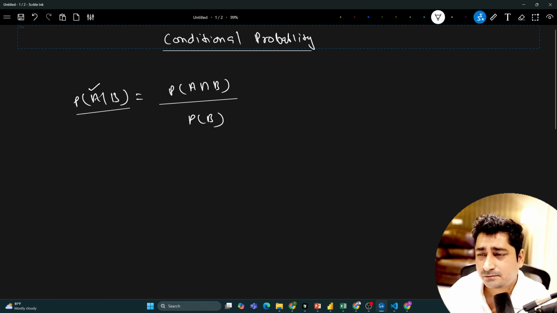Let's suppose someone has given me, based on previous data, that the probability of fraud is 0.02. This data is given to me.